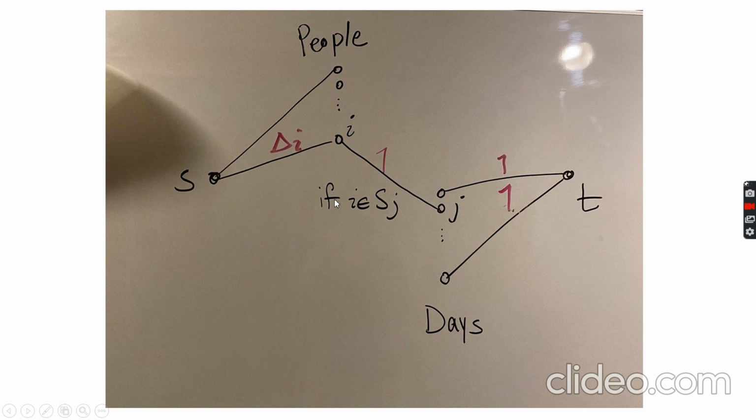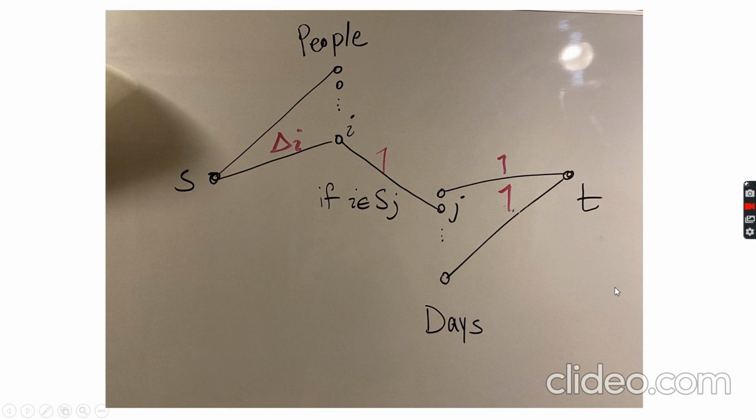Okay. So as I said, what we want to show here is that if we find the max flow of this graph, it is going to be equivalent to a fair scheduling of these people. In order to complete the proof, we need to prove this claim.